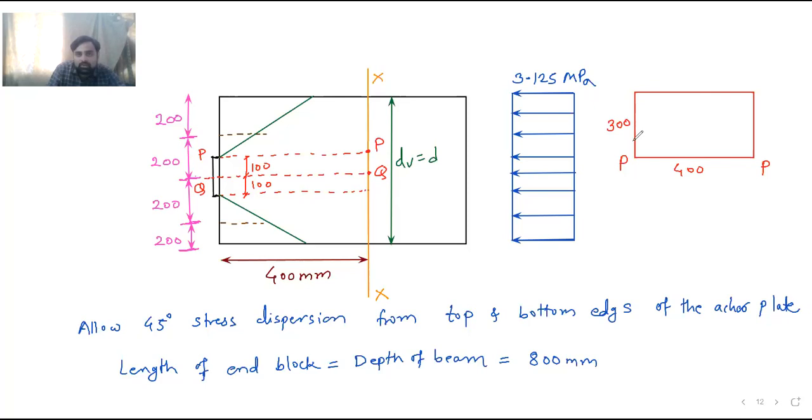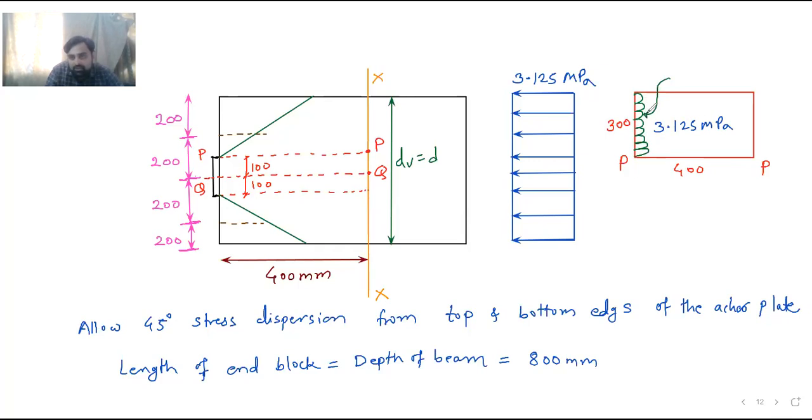Okay. So now on this area, what stress is acting? I know it is 3.125 Newton per mm square. This is the concentration of the stress. Now I want to find out first the UDL which is acting on this area, and I want to take the moment of that.